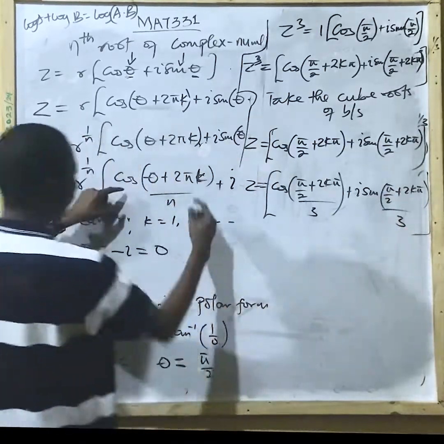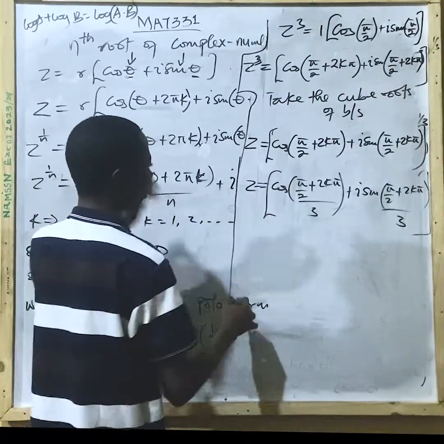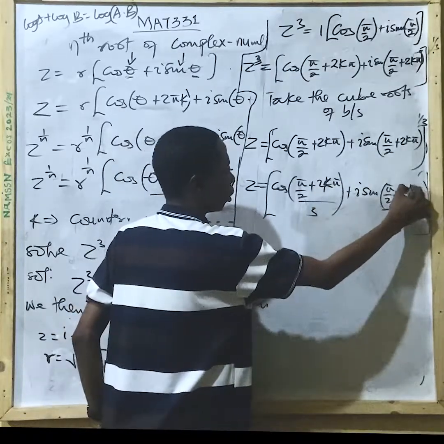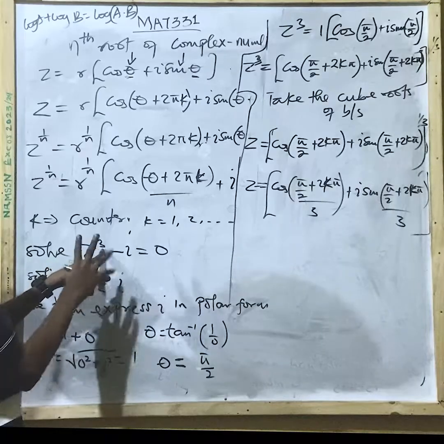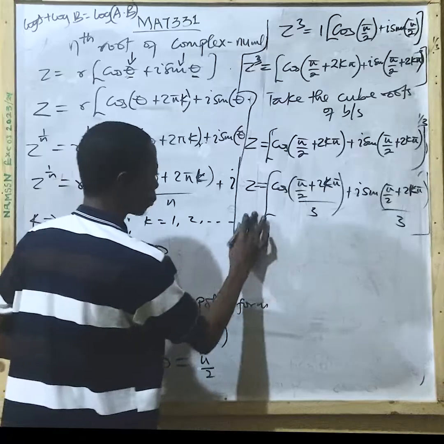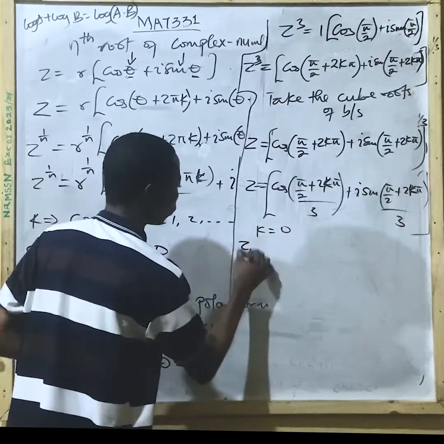And that is all. We've built it up to this line. Then we start to find the values of z1, z2, z3. Now this is z raised to power 3, so how many solutions? It will have 3 solutions. If it is z raised to power 4, it will have 4 solutions. So we start with k equals 0, which will give us z1.